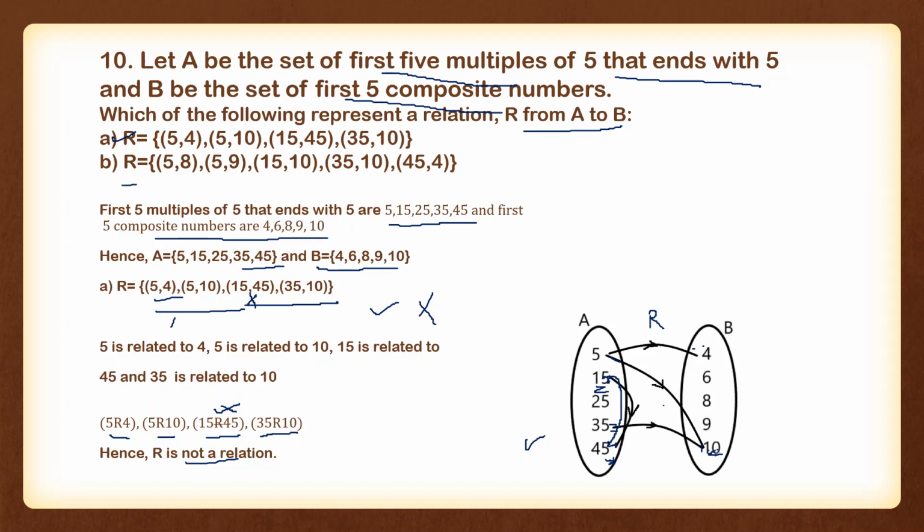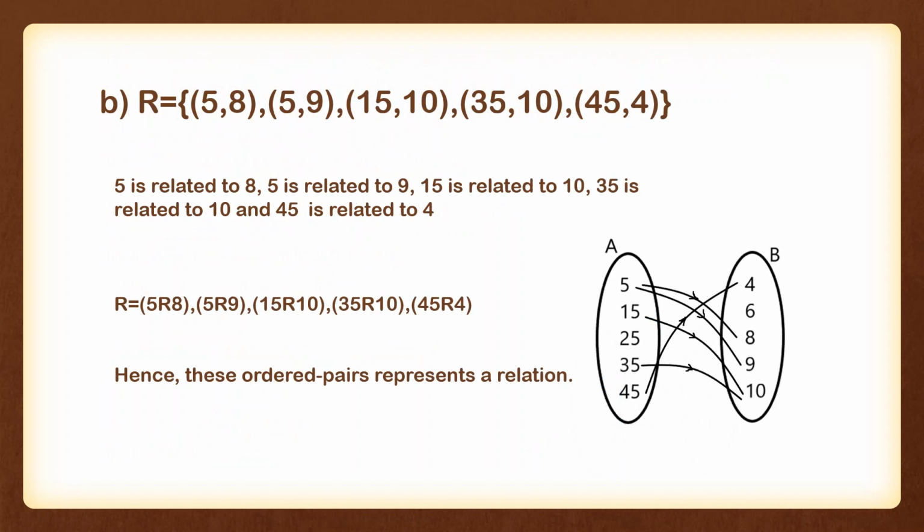Next is the relation (5, 8), (5, 9), (15, 10), (35, 10), (45, 4). Let's see it further. This is the arrow diagram. This is the best way to represent this. Now 5, 15, 25, 35, 45 are all marked here, and 4, 6, 8, 9, 10 are marked on the right side.